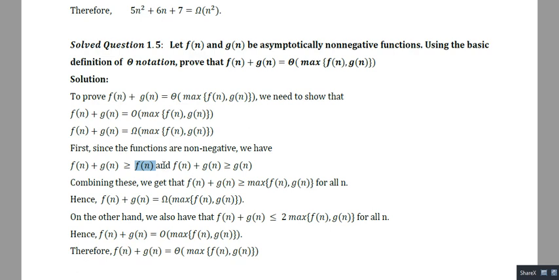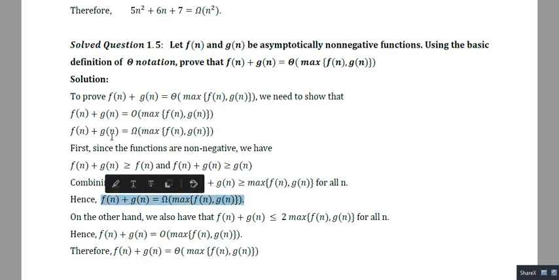So similarly, f(n) plus g(n) greater than equal to f(n) and f(n) plus g(n) greater than equal to g(n) means f(n) plus g(n) is greater than equal to max of f(n) and g(n). Okay. So I think this is the definition of big omega notation. f(n) is greater than equal to c into g(n). That is asymptotic lower bound. So we can write f(n) plus g(n) is big omega of max of this.